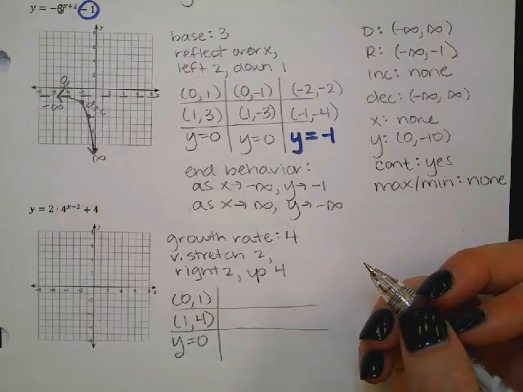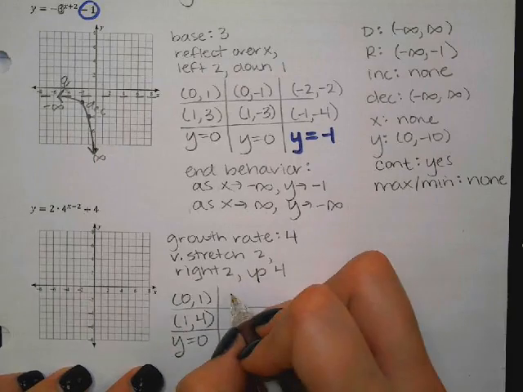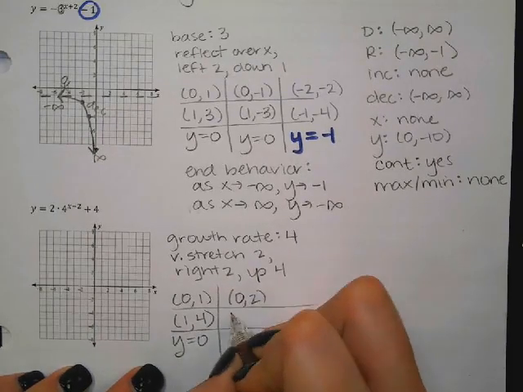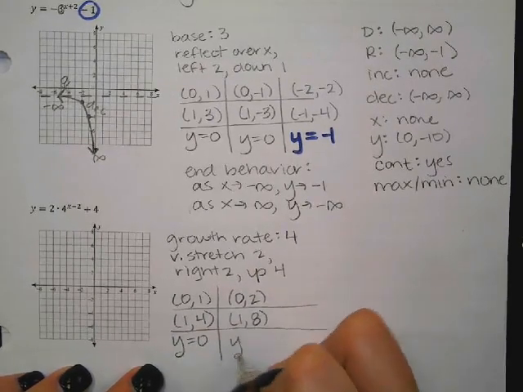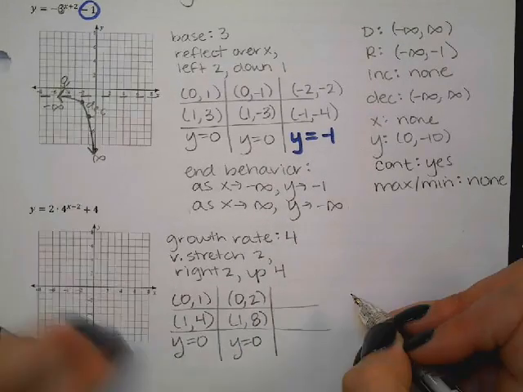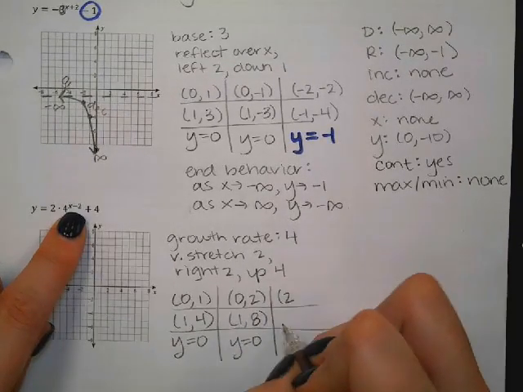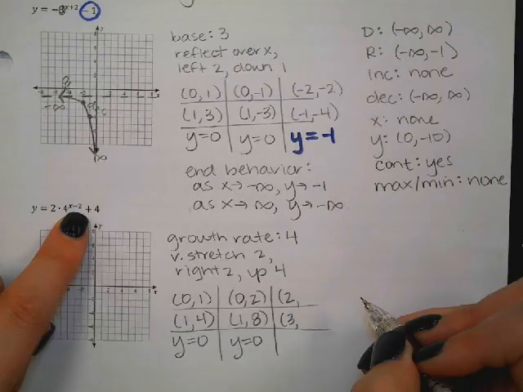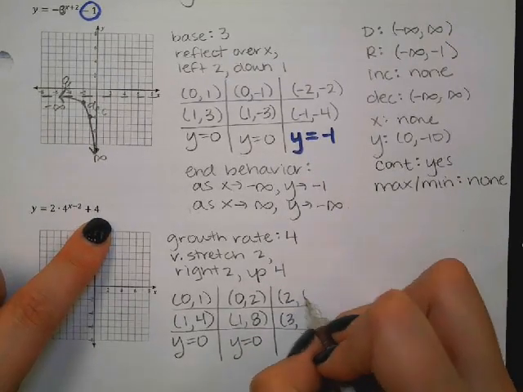I need to take my y coordinates and multiply them by 2. So I've got (0, 2) and (1, 8). Shifted right 2, and shifted up 4.